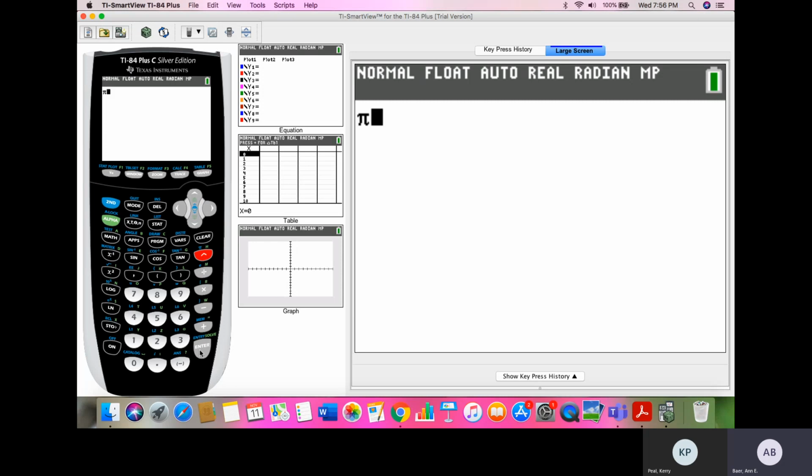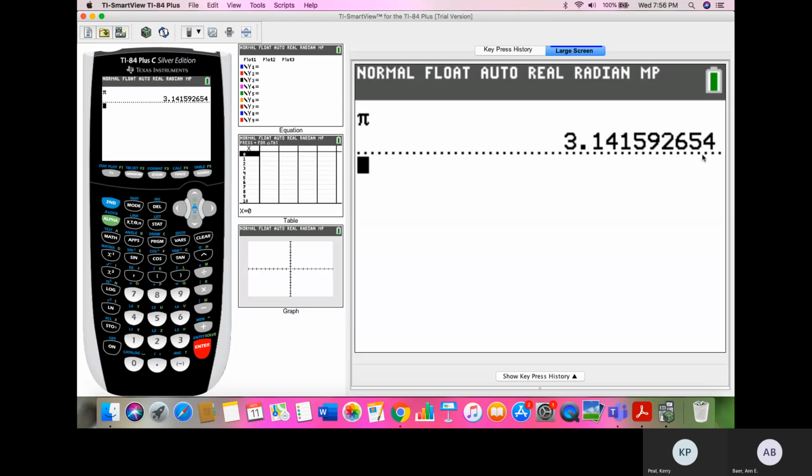I hit enter and I get this. Now, pi is a non-terminating, non-repeating decimal. It goes on. Scientists for years have tried to figure out a pattern for pi, and there isn't one that they can figure out.